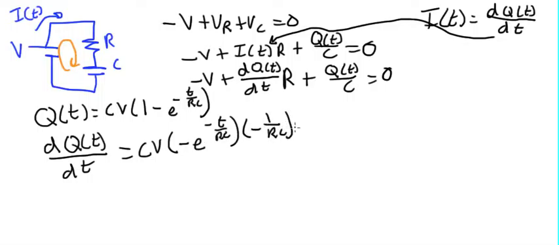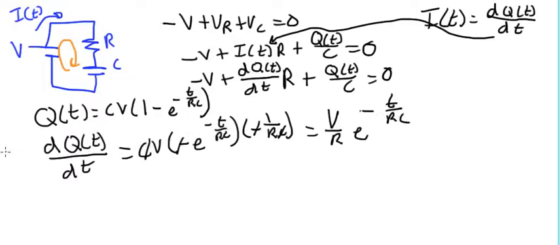The negative signs cancel, and the C's cancel, and we get V over R. So voltage divided by resistance gives you a current. And then you get e to the minus t over RC.